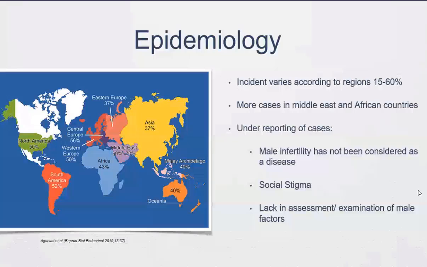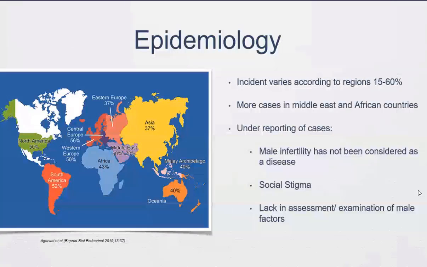So on epidemiology, the incidence of male infertility varies according to regions, which is about 15 to 60%. And there are more cases reported in the Middle East and African countries. The incidence is actually very conflicting due to various reasons, mainly due to underreporting of cases.